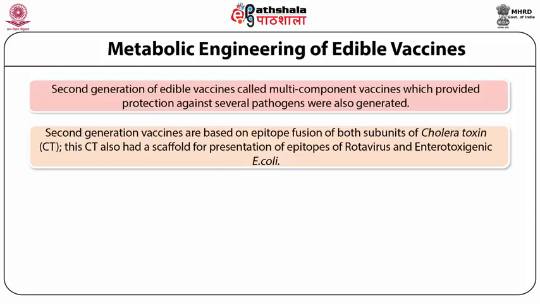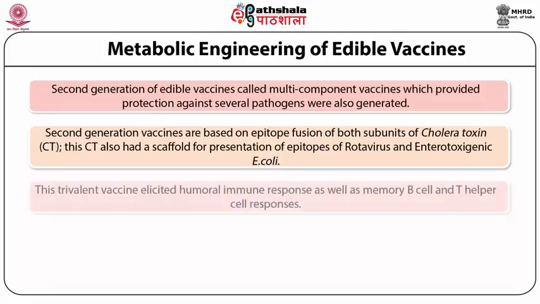This cholera toxin epitope fusion protein also had a scaffold for presentation of epitopes of rotavirus and enterotoxigenic E. coli. This trivalent vaccine elicited a humoral immune response as well as memory B cell and T helper cell responses. These confer humans or animals the ability to fight this toxin.